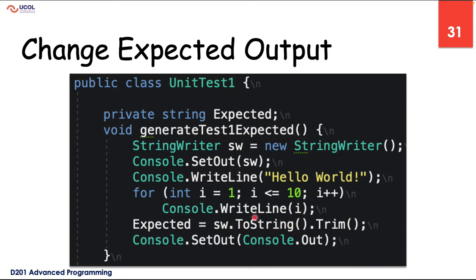And once we have done, we are saying sw.ToString().Trim(), and then expected, and then we say Console.SetOut is equal to Console.Out. So actually we are shifting it back to the standard output for the console. And that is what generates that particular output. So in the expected we are putting that output.